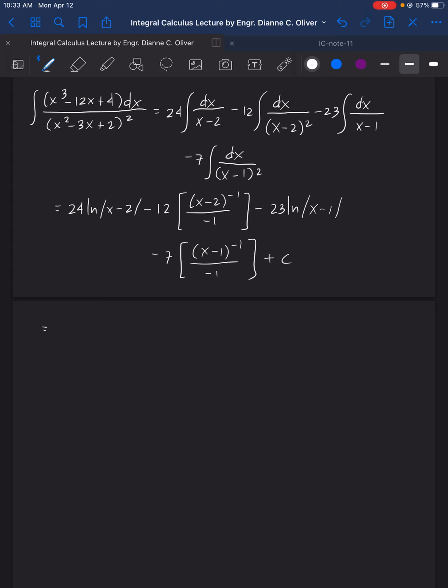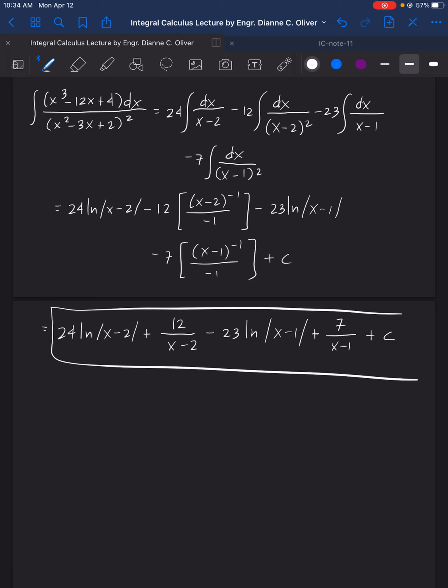Then final answer, we have 24 ln of x minus 2 plus 12 over x minus 2 minus 23 ln of x minus 1 plus 7 over x minus 1 plus c. So that is the answer.